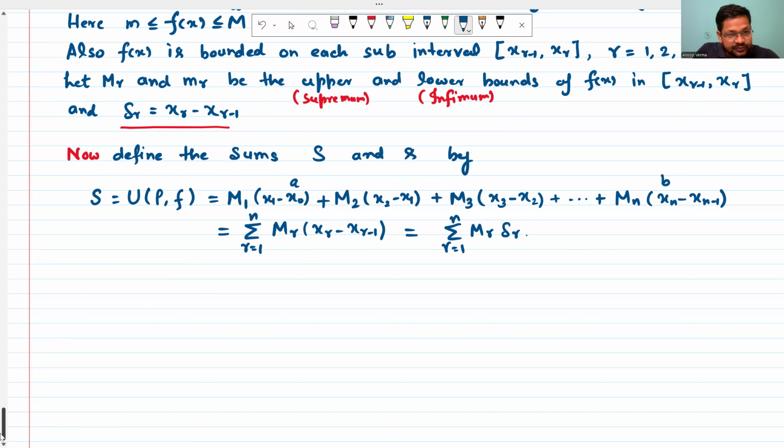Similarly we define the small s, which is called the lower sum with respect to this partition P. This is also denoted L(P, f), and is equal to the length of the interval multiplied with the infimum of the function in that interval.